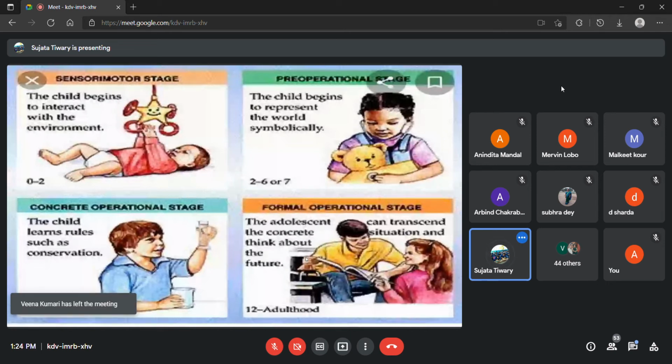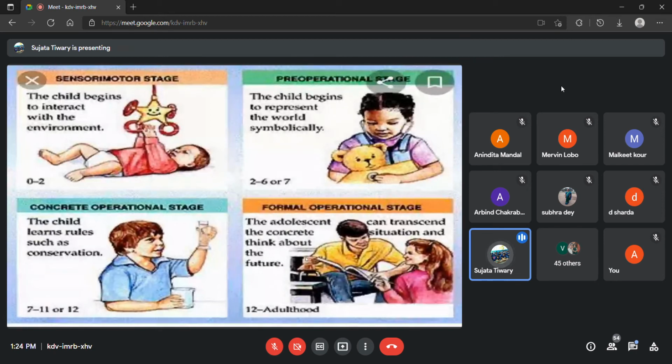But this is corrected in the concrete operational stage. The child has learned here that if you take 50 ml of liquid in any utensil like a glass or a ball, the concept of volume, area is learned. So they learn the law of conservation in this stage.